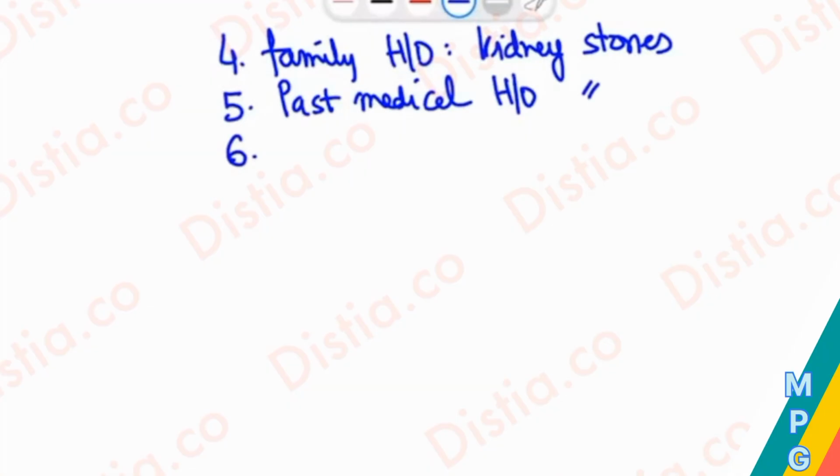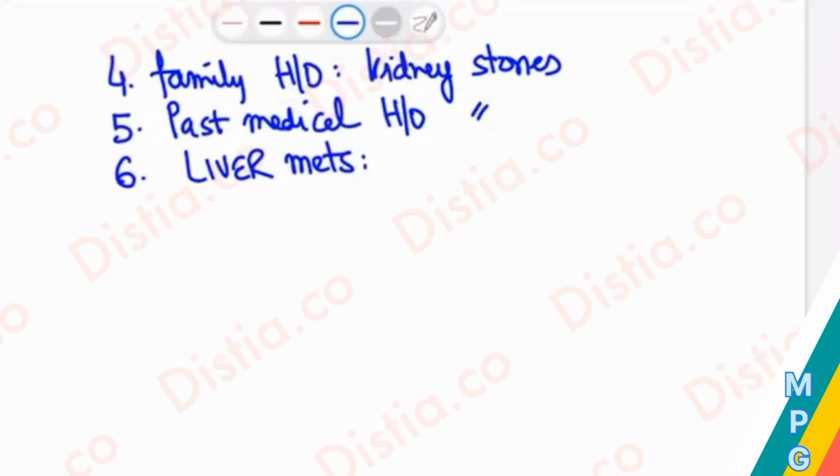The bad news is that this tumor can turn malignant also, as any tumor can. If it turns malignant, then the metastasis would go to the liver, and therefore when you're doing a per abdominal examination in these patients, you may feel a hard or stony hard consistency of the liver edge, because when you palpate a person with metastasis, the liver can be enlarged.